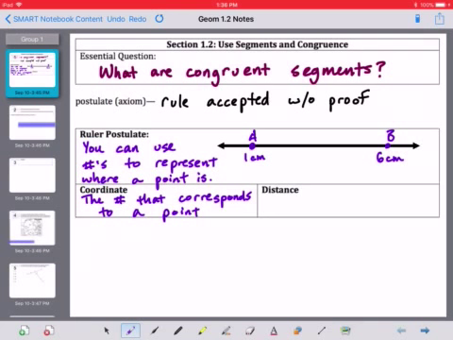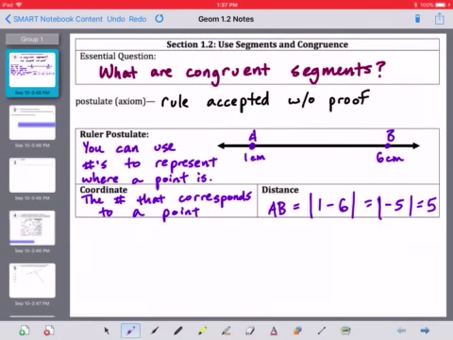And lastly, the distance: if we talk about segment AB, the distance, written as capital letters AB, is the difference between those two coordinates. In this case, the absolute value of 1 minus 6 is the absolute value of -5, so the distance is 5.